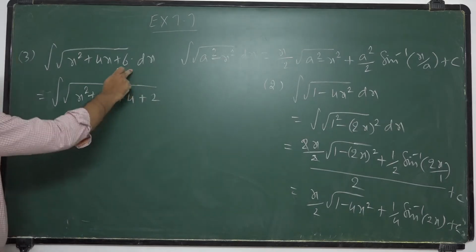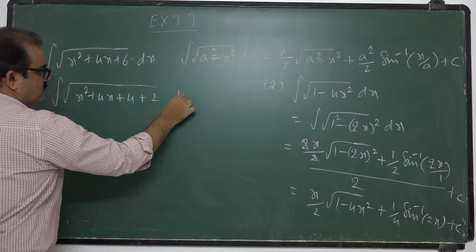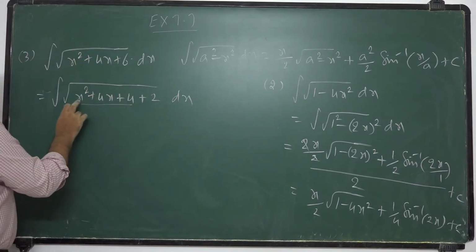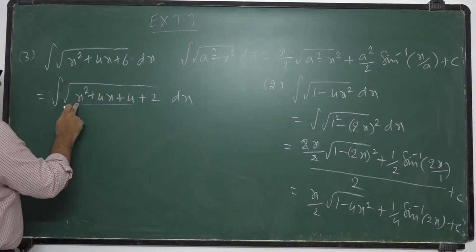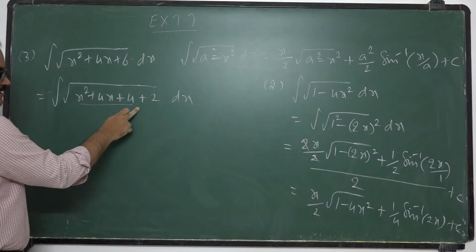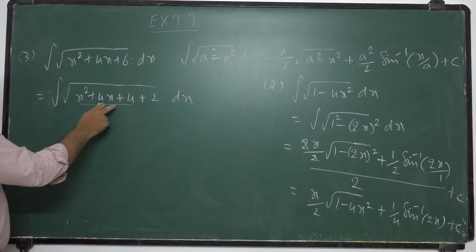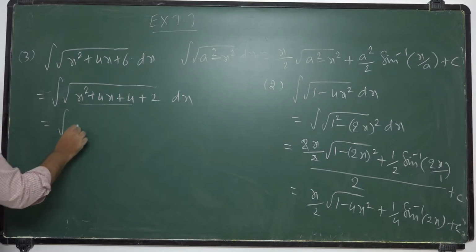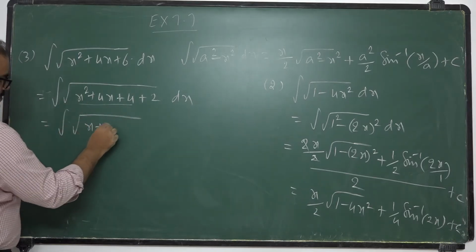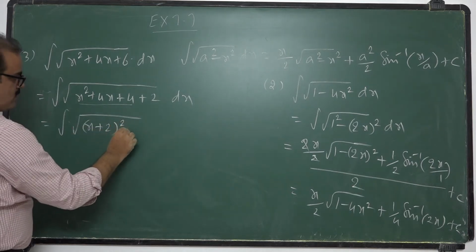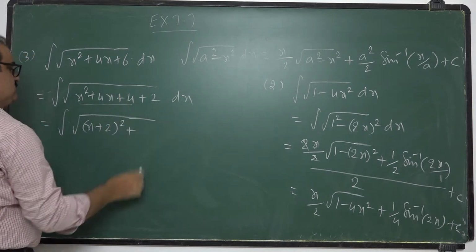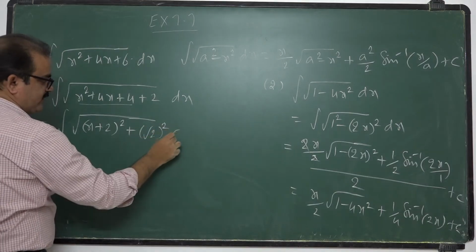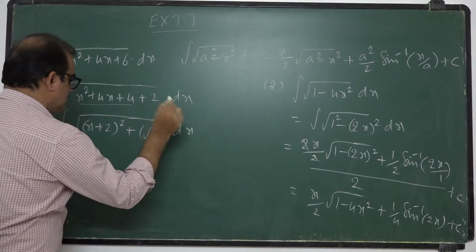Write this 6 as 4 plus 2. Now observe that the first three terms are in the form of a square plus 2ab plus b square, so this is the expansion of x plus 2 whole square. x plus 2 whole square plus 2, which is taken as root 2 whole square, into dx.